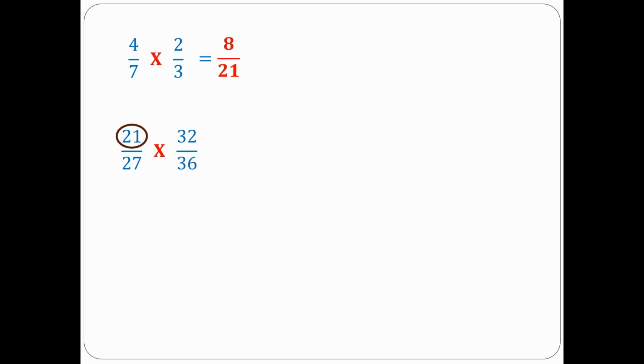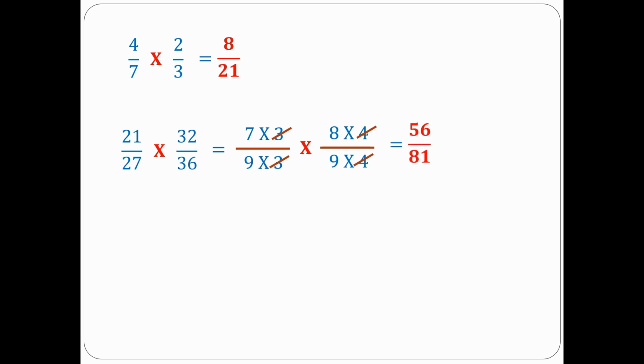So 21 is basically 7 times 3, and 27 is 9 times 3. 32 is 8 times 4, and 36 is 9 times 4. Now we can cancel 3 and 4. So our final answer is 56 over 81. So we were able to get the final answer without multiplying the large numbers.